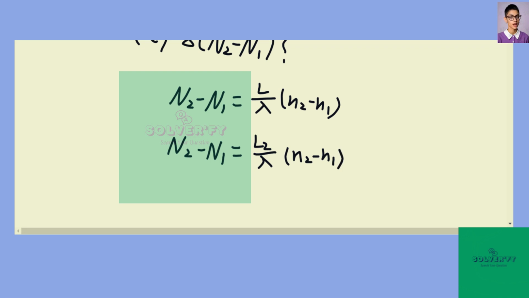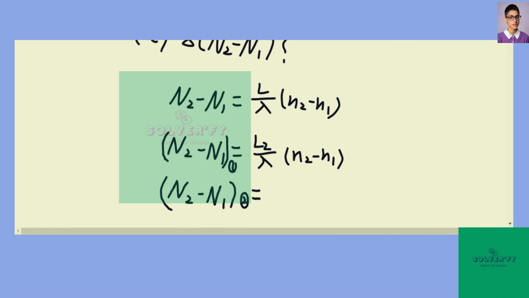And so the phase difference between the two waves after traveling through a length of medium L1 minus L2 can be given as N2 minus N1. Let's put 1 here, okay? And this is 2.